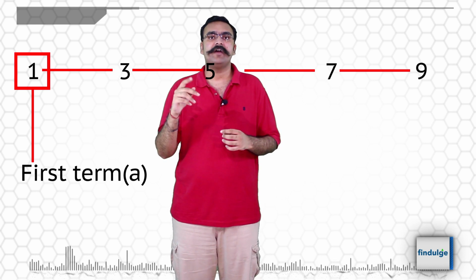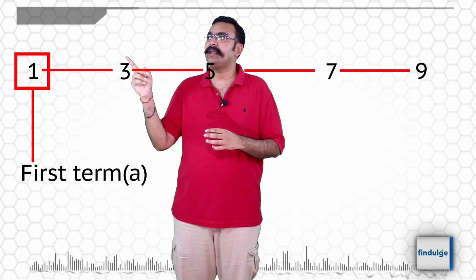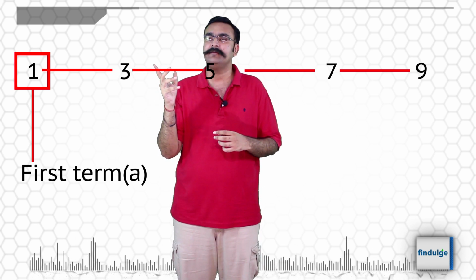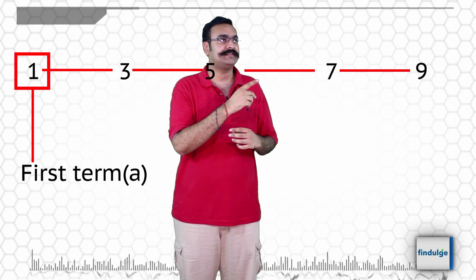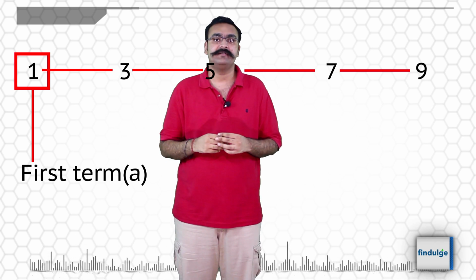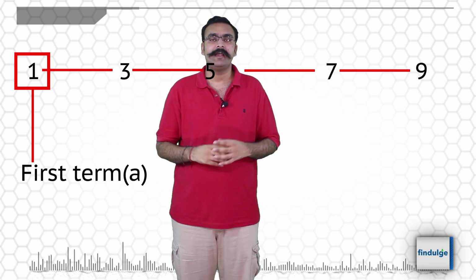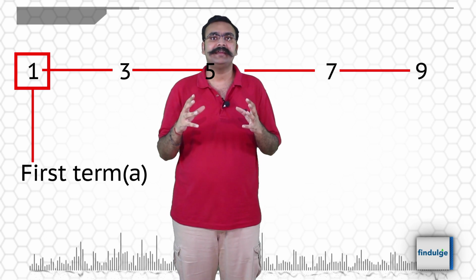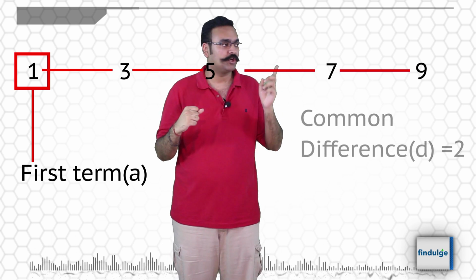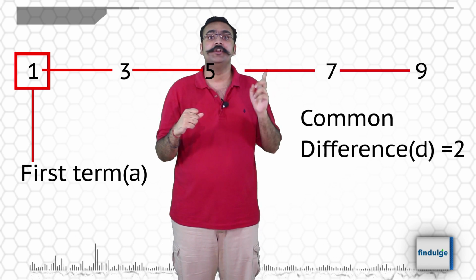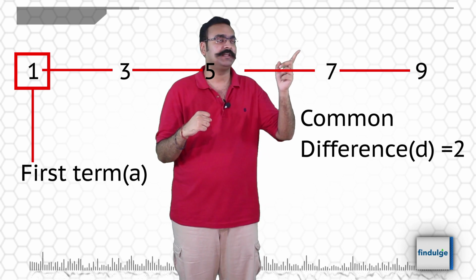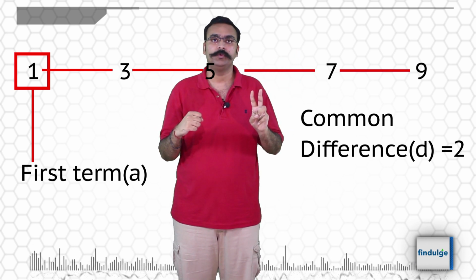Second, if you observe, 3 minus 1 is 2, 5 minus 3 is 2, 7 minus 5 is 2, and 9 minus 7 is also 2. As we can see, we are getting a common number, and this is known as the common difference, denoted by the letter D, and it is equal to, in this particular case, 2.